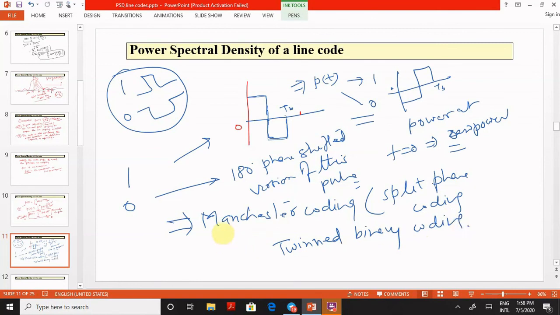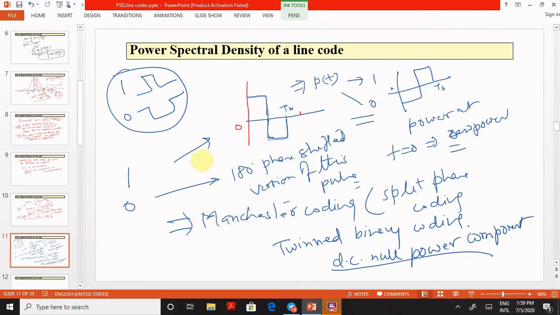So you can say that if you are using Manchester coding, then you will have 0 power at f is equal to 0, or you can say that you can have a DC null power component. Means f is equal to 0, there will not be any power. So Manchester code is not a different code, it is just a modified version of a polar code.